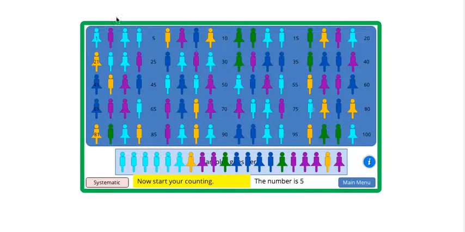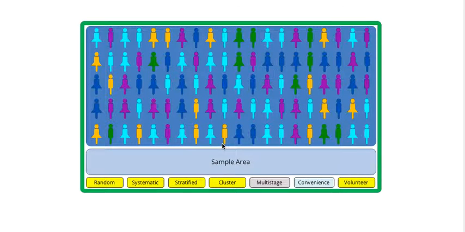That might be okay, but say there's 6 of the same person up here, and then this purple guy gets picked and has to represent them, and none of these guys actually get picked at all. So there are ways that it can be biased, but it's mostly just hard to do. It's a little bit easier than random, but it's funny because random's called simple random, and it's actually pretty challenging.